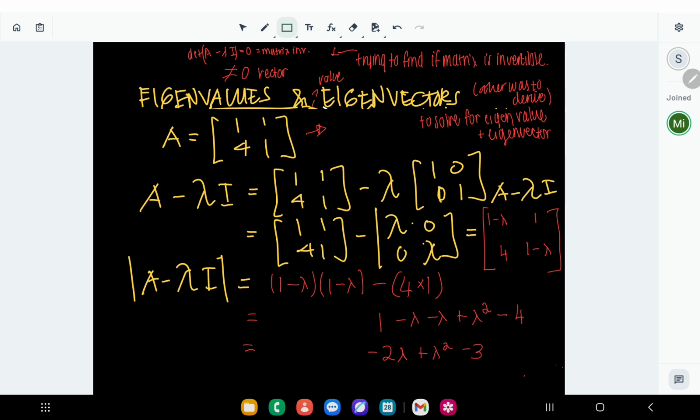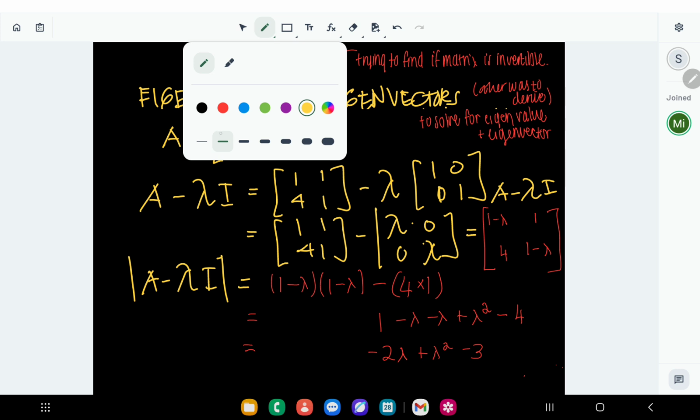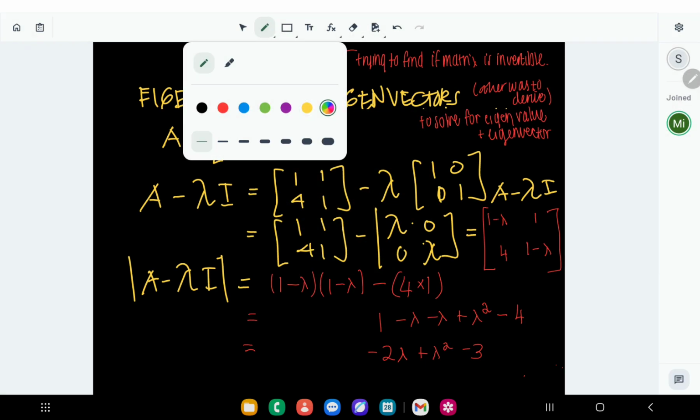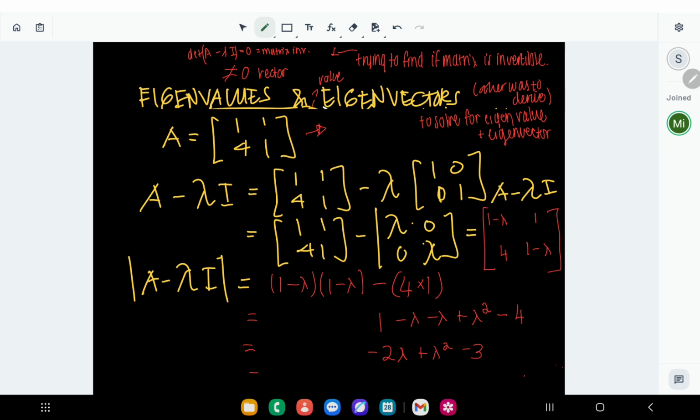And then negative lambda plus negative lambda, that is plus lambda squared. Oh, okay, so you didn't arrange that. So you should arrange that to write that as an equation. In this case, the degree is 2, so it should be in quadratic equation.